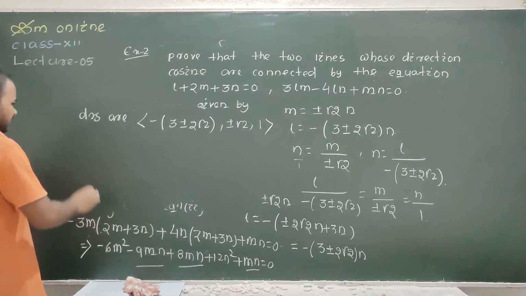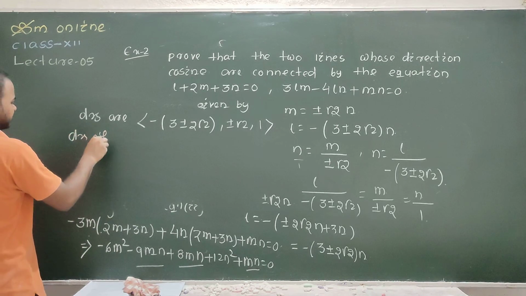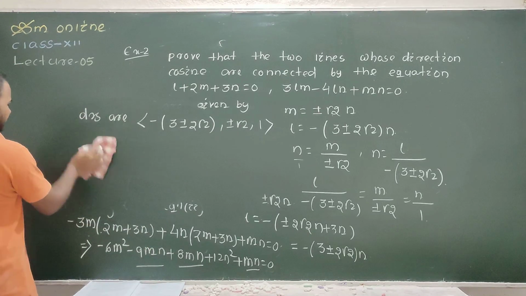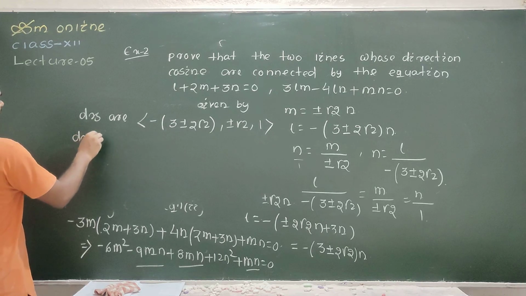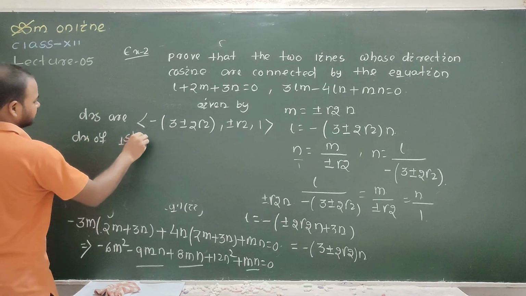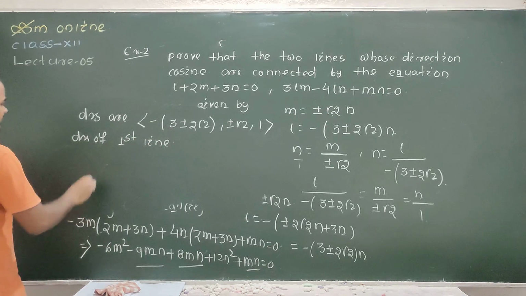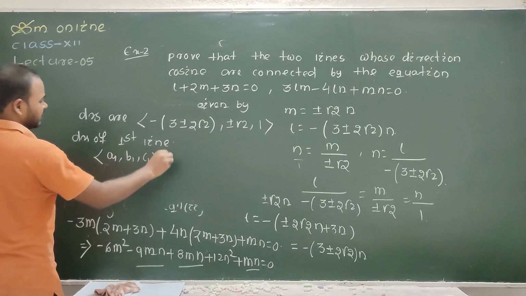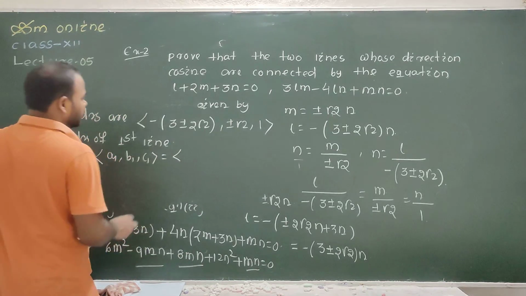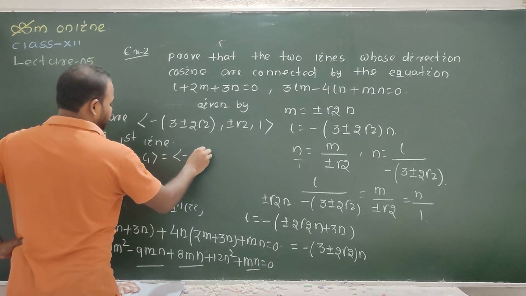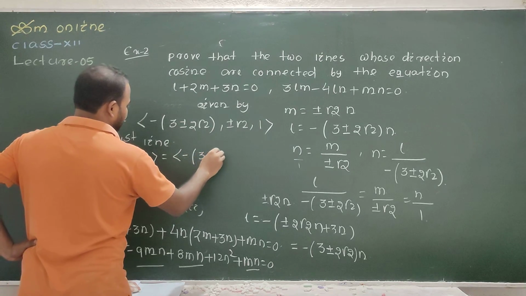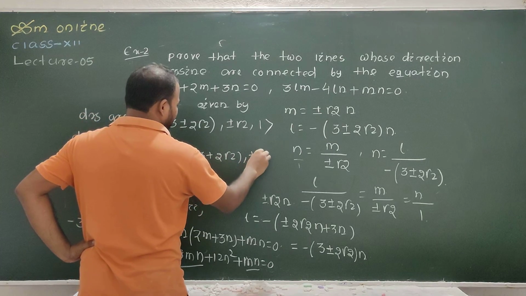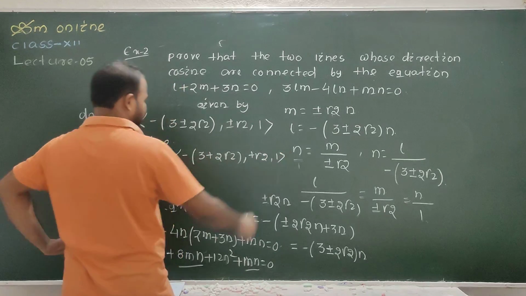Let the DRs of the first line be A1, B1, C1, equal to minus of 3, first the plus sign, plus 2 root 2, then plus root 2, and then 1.